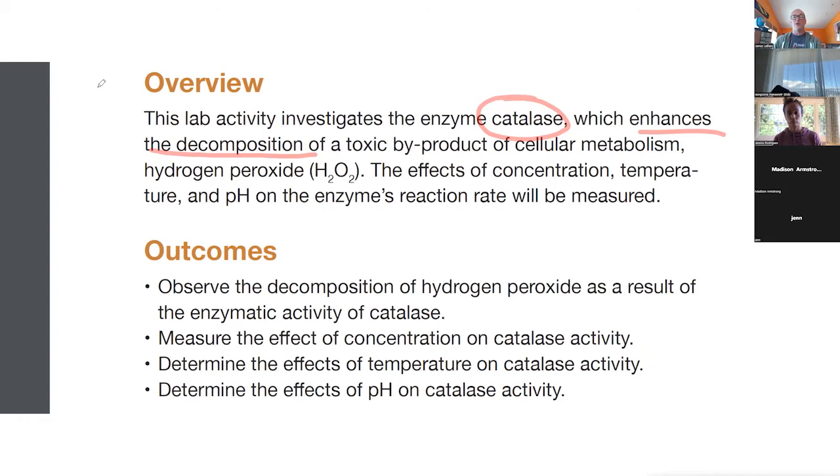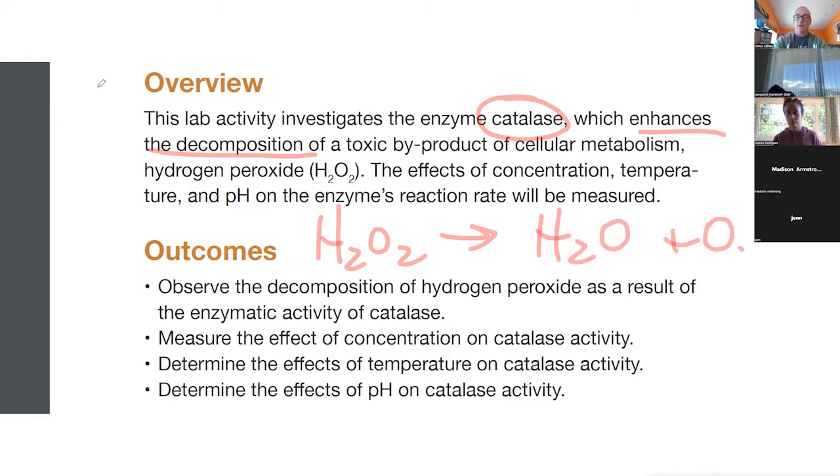So what we're going to do is look at this enzyme and measure how fast it catalyzes this reaction of hydrogen peroxide breaking down into water and oxygen gas. And notice that this isn't balanced. I apologize.